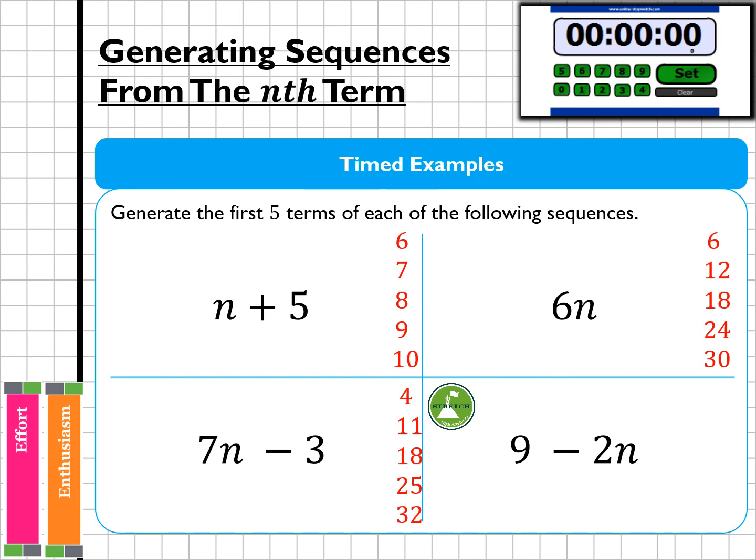Working slowly through this. 9 minus 2 times 1 is the same as 9 take away 2, which is the same as 7. 9 minus 2 times 2 is the same as 9 take away 4, which is 5. 9 minus 2 times 3 is the same as 9 minus 6, which gives me an answer of 3. 9 minus 2 times 4 is the same as 9 minus 8, which is 1. And finally, 9 minus 2 times 5 is the same as 9 minus 10, which gives me an answer of minus 1.